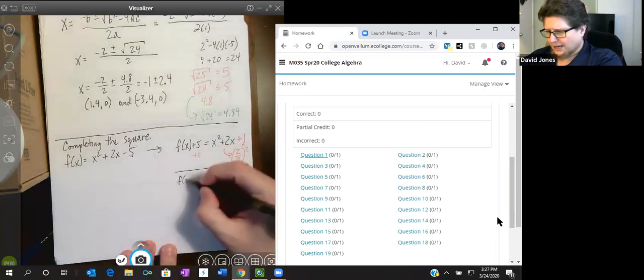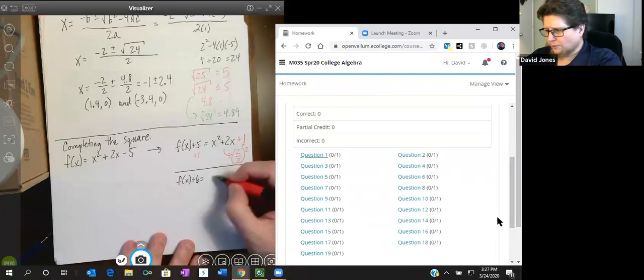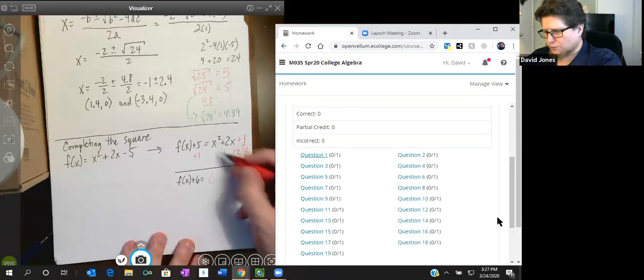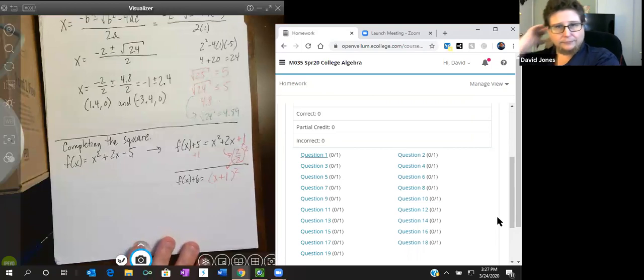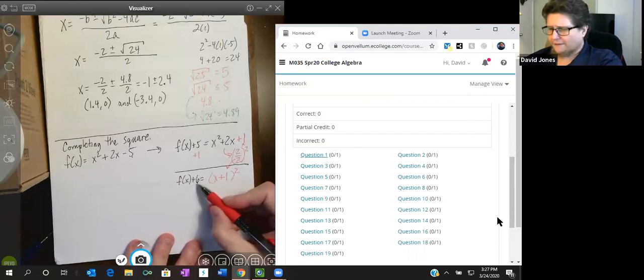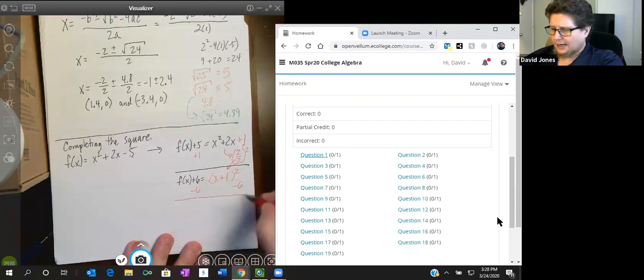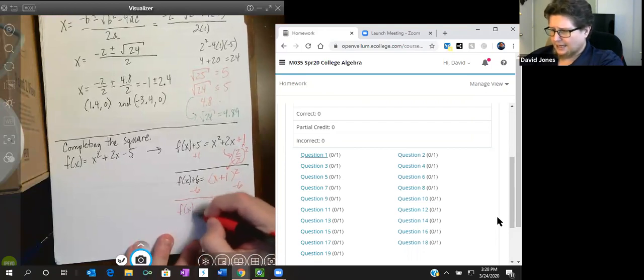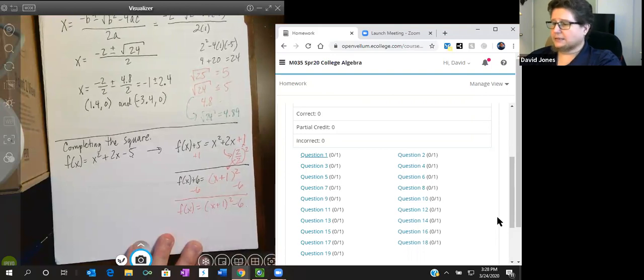I've got f of x plus 6 equals, and then remember when we completed the square, we just brought our x down. Whatever this value is, we put it inside the parentheses, and we got that. Now I want f of x by itself, so I'm going to subtract 6 back over, and I get f of x equals x plus 1 squared minus 6.